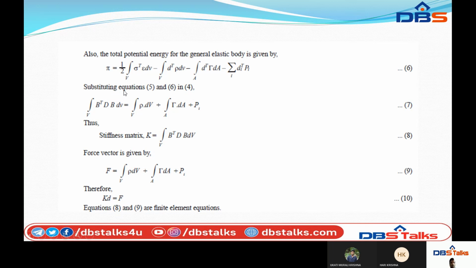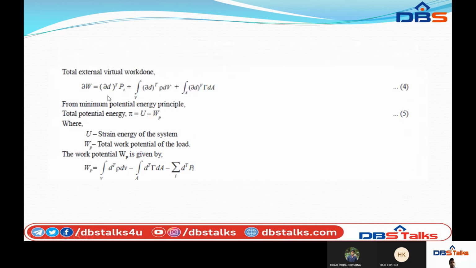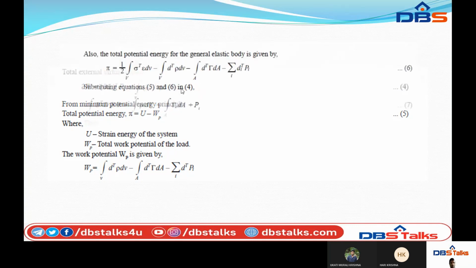Then substituting equations 5 and 6 in equation 4, where ∂W equals ∂dᵀ Pi plus the integral over V of ∂dᵀ P dV, the body load, plus the integral over area of ∂dᵀ T dA, the traction load.